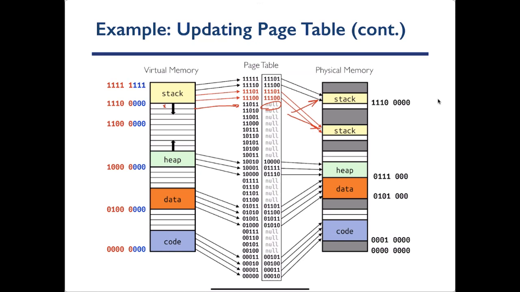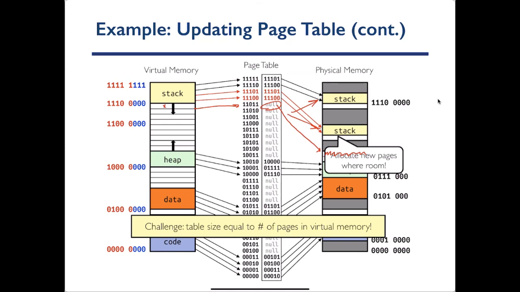Maybe at that point, it allocates this particular physical page, sets this mapping, and then resumes the process from where it caused the page fault. Okay.